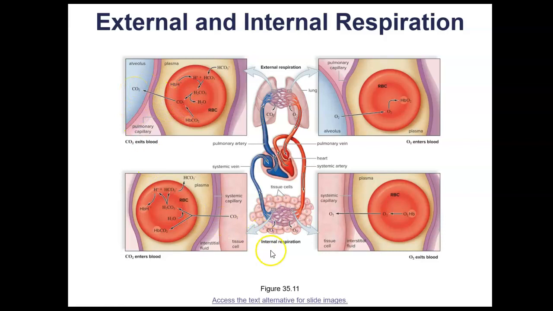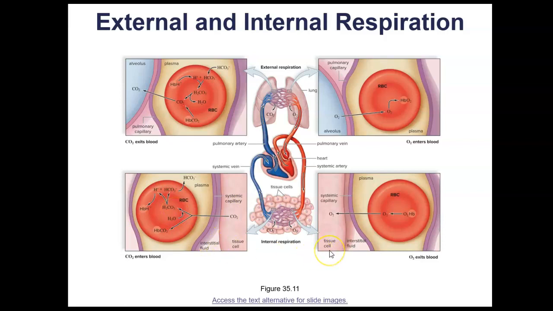Now, for internal respiration in the tissue cells, our tissue cells are close to the walls of our blood vessels, our capillaries, separated by interstitial fluid or tissue fluid, and the partial pressure of carbon dioxide is going to be higher in the tissues, so it's going to diffuse into the blood.